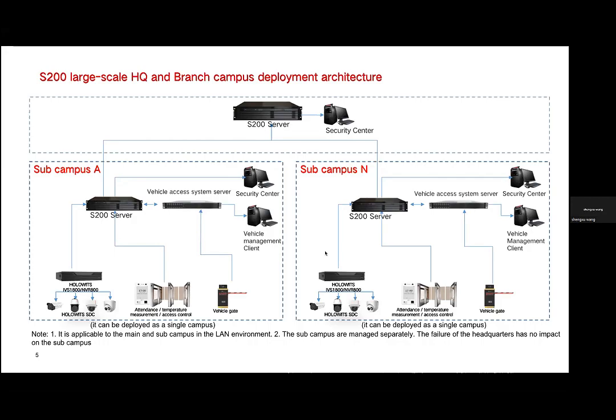That means the management teams or the high-level security teams in the headquarters could log into the S200 in the headquarters, and they could see all the cameras or all the front-end devices in the subcampus, and could fetch the stream or do the playback or receive the event or the AI alarms, something like this.